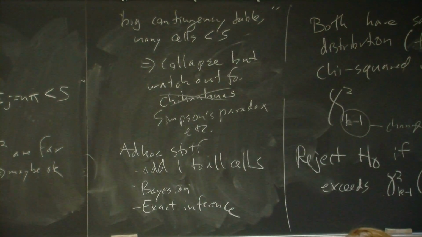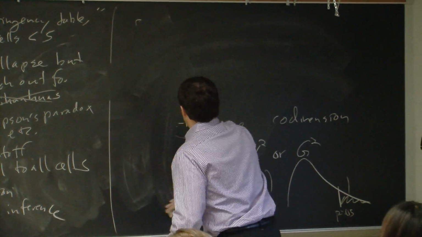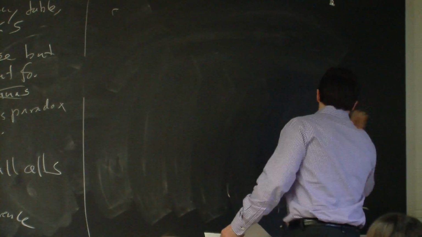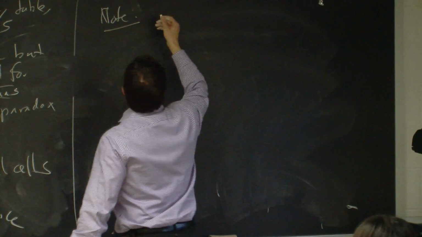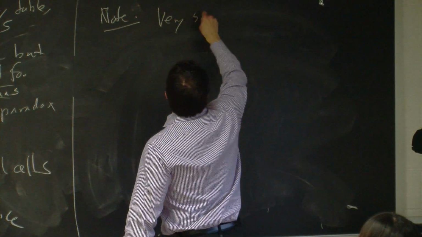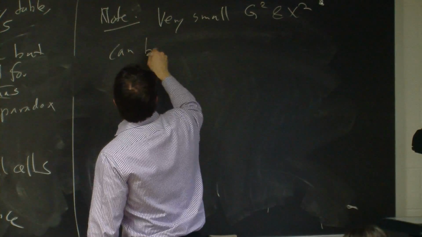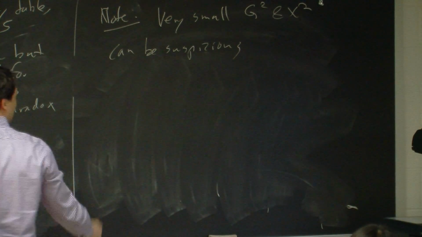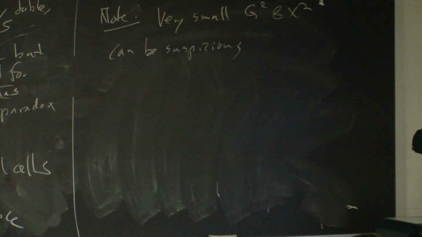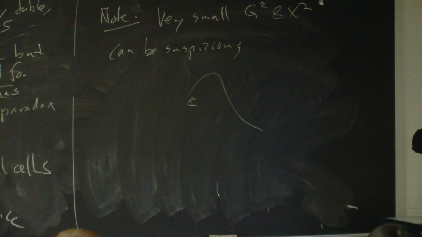And the one other thing I want to note is that if the deviance or the Pearson statistic are really small, some chi-squared, I went way over here, that can be suspicious.